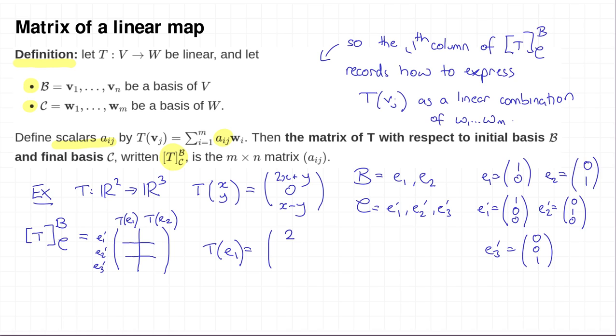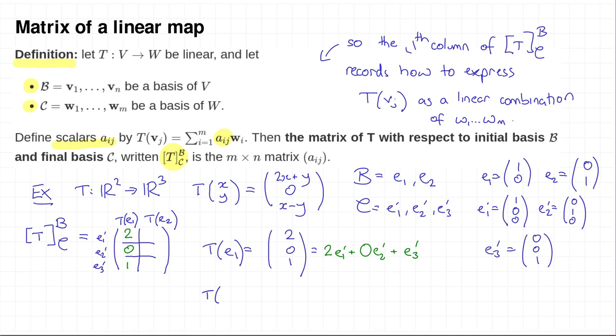What I'll get is (2, 0, 1), which is 2 times e1' plus 0 times e2' plus 1 times e3'. So the first column of my matrix should be 2, 0, 1.